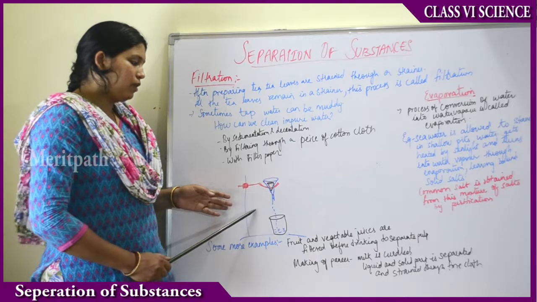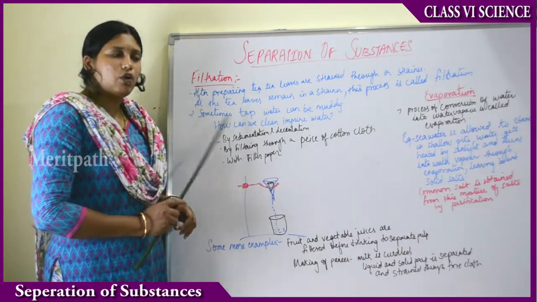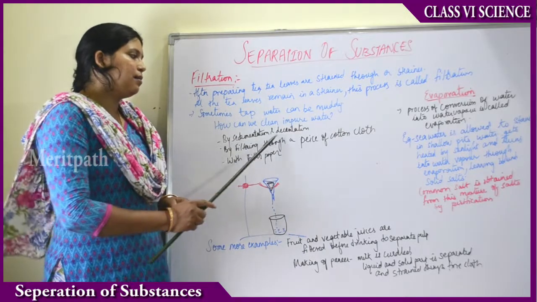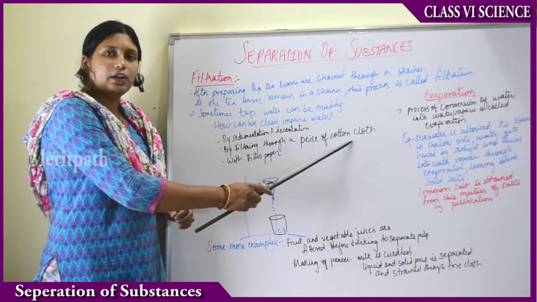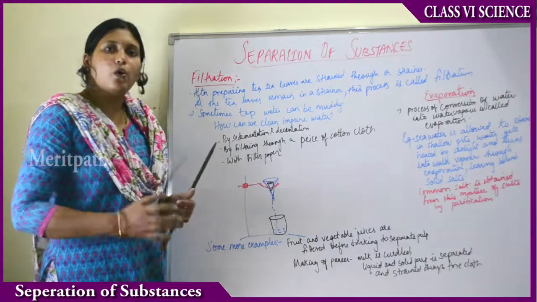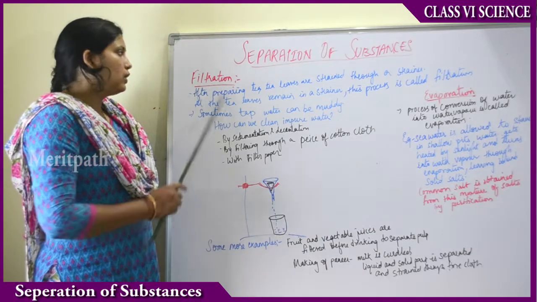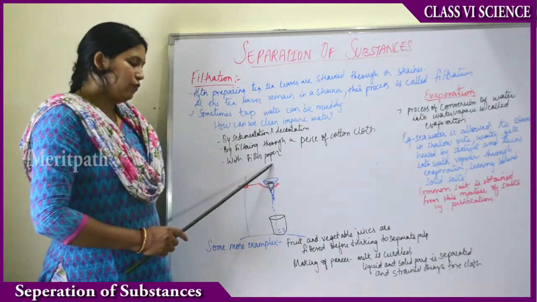This is one more method of filtration with the help of filter paper. So now we have understood this water can be filtered in many ways: sedimentation and decantation, filtration through a cotton cloth, or filtration through a filter paper. Filter paper holds the impurities and lets the pure water fall down. So this is one method of separation, that is filtration.